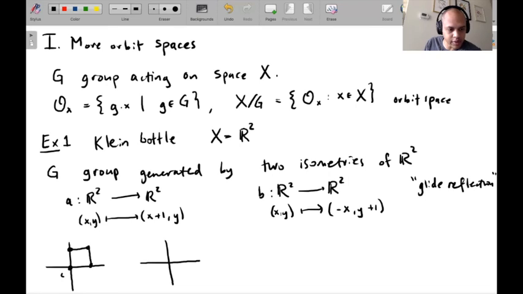Let's label these points 0, P, Q, R. And A just shifts everything to the right by 1. So the image of this under A is this square like this. This is A of P, A of Q, and so on.